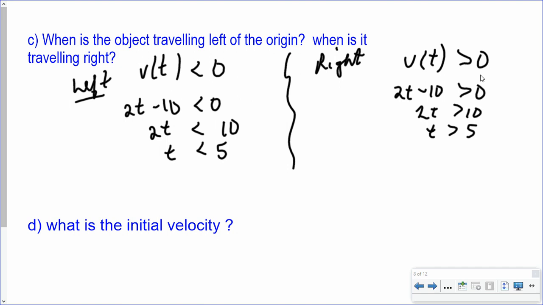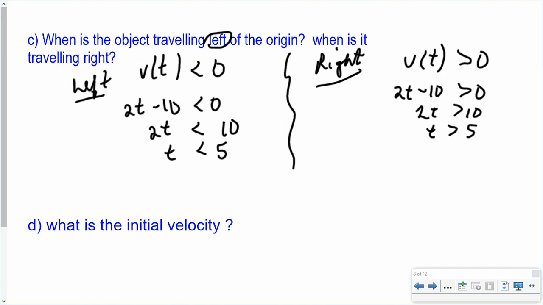As t approaches 5 from the left hand side, sounds like a limit question, it's traveling left of the origin, and as t approaches 5 from the right hand side, and t is greater than 5, that's when we have a positive velocity, or the object is traveling right, off of the origin.